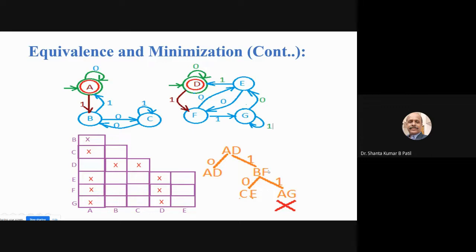So B and F on 1, it is AG. AG has a cross mark, hence stop construction of the tree, decide the two given DFAs are not equal. This is how we find the equivalence between the two DFAs.